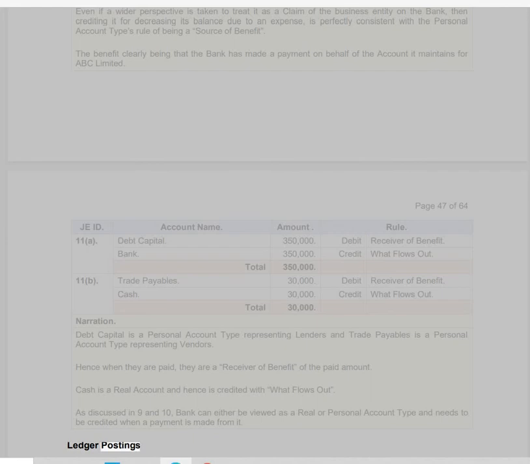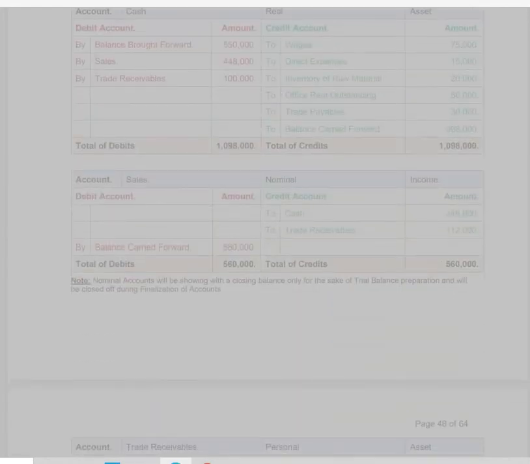Ledger postings. Account: Cash. Real asset. Debit account, amount, credit account, amount. By balance brought forward, 550,000. To wages, 75,000. By sales, 448,000. To direct expenses, 15,000.